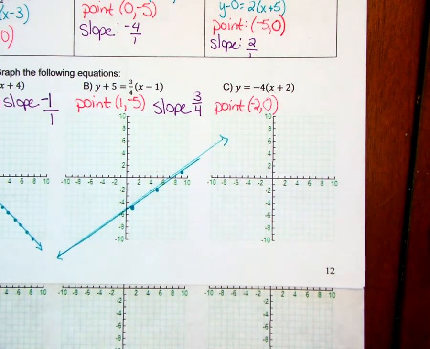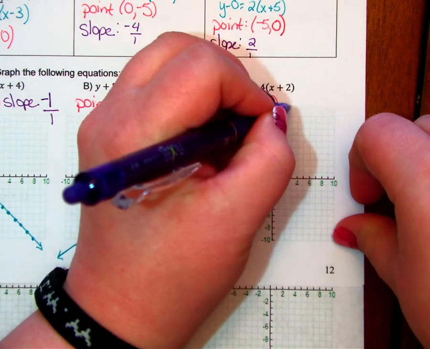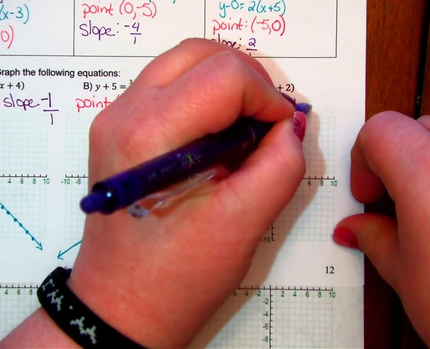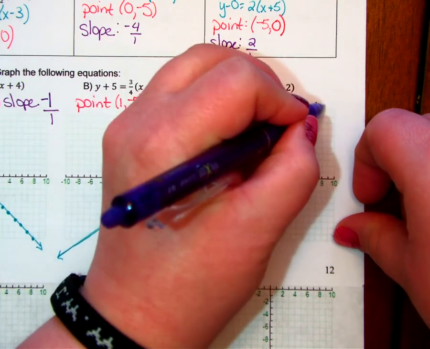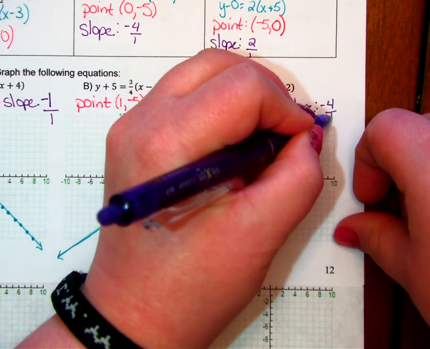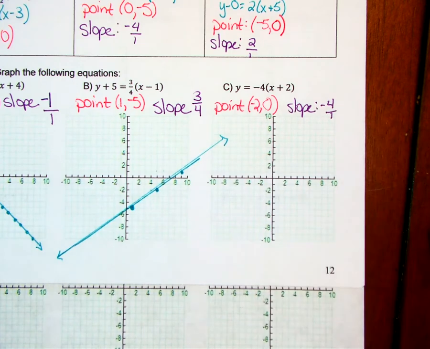And the slope is the number in front of the parentheses. So in this case, our slope is -4, or -4/1. Especially when you're graphing, it's always a good idea to put your slope over 1 if it's a whole number, because it reminds you that you are moving up or down for the top number, and you're moving right for the bottom number.